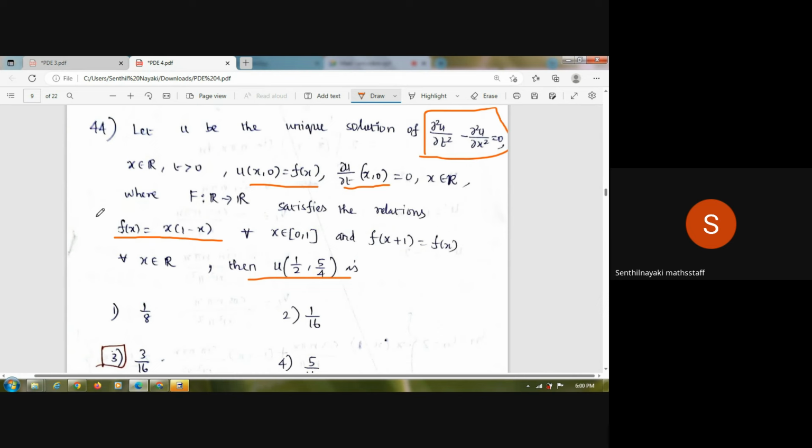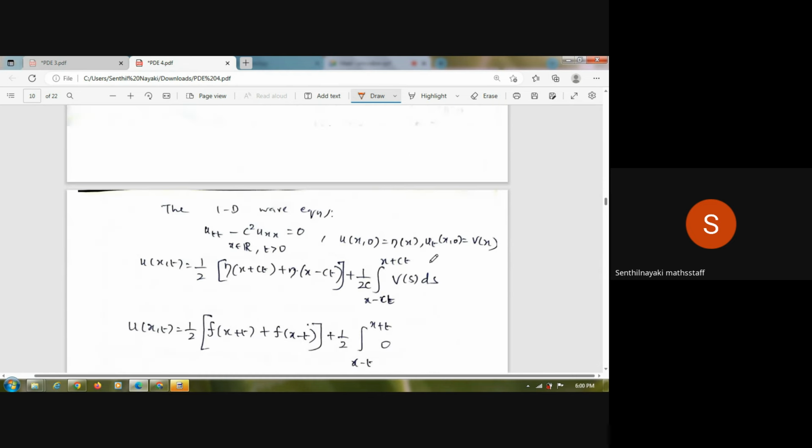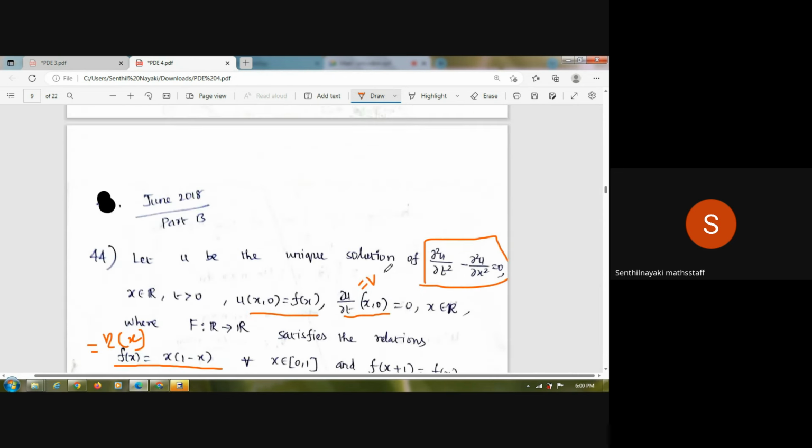This is taken as eta of x. And this dou u by dou t of x comma 0 is v of s. This equation is taken as v of x.